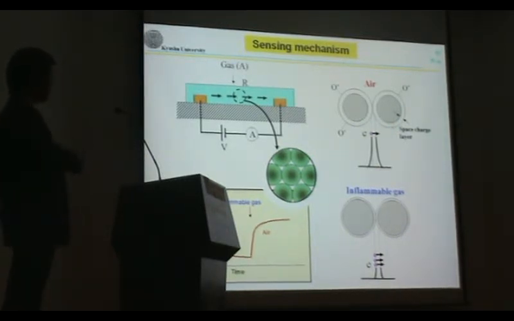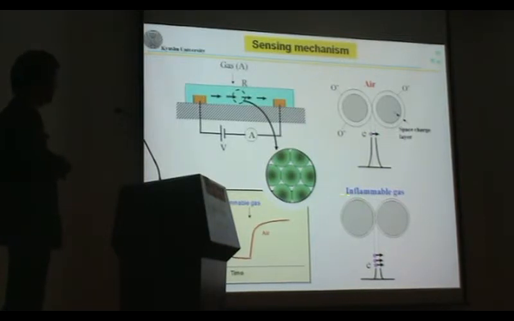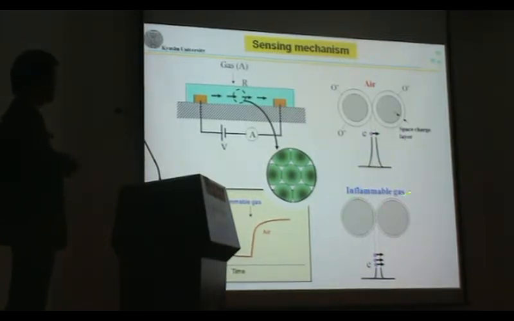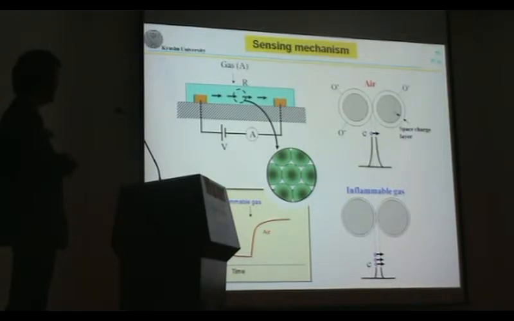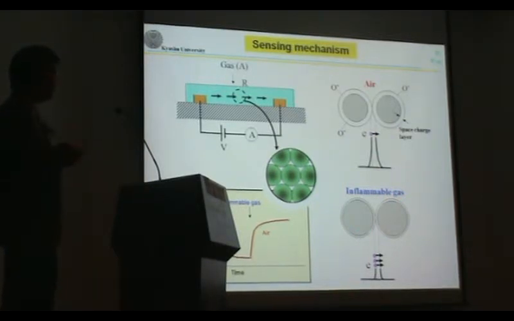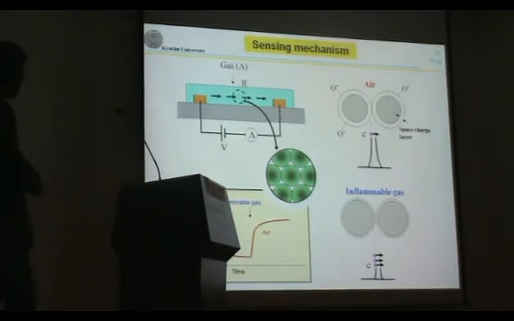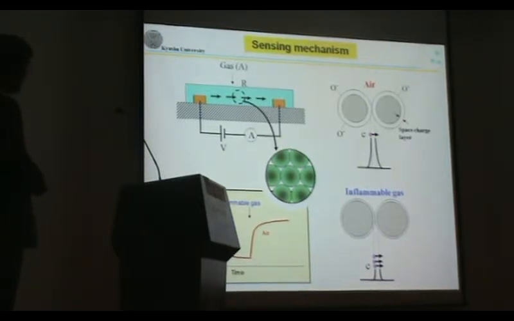When flammable gas approaches the surface, this gas reacts with the adsorbed oxygen. Finally, the electrons return back to the bulk, so the surface resistivity quickly goes down. We can obtain the sensor signal shown here. So high resistivity in air.